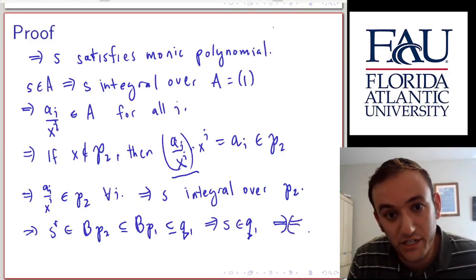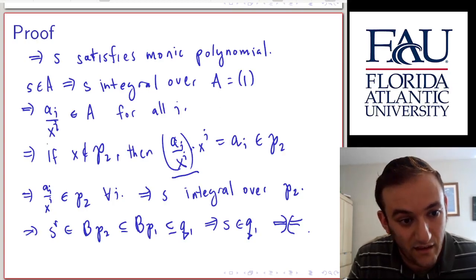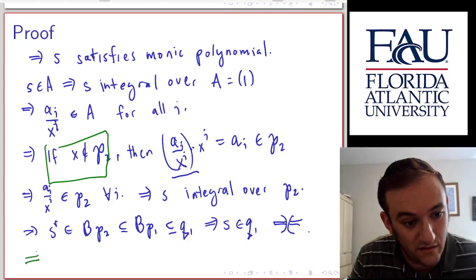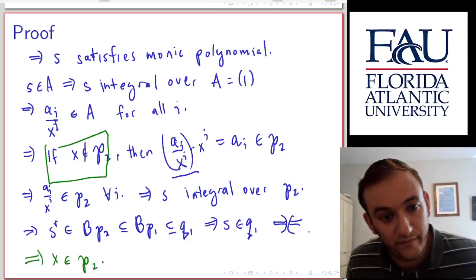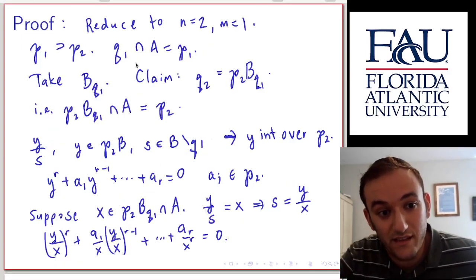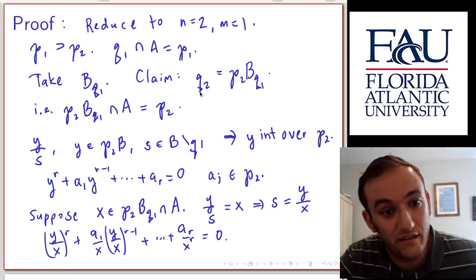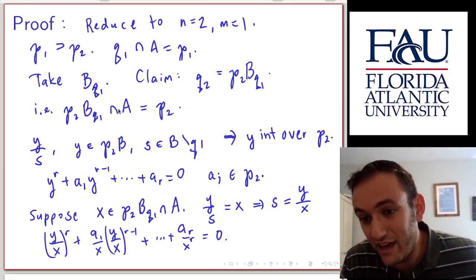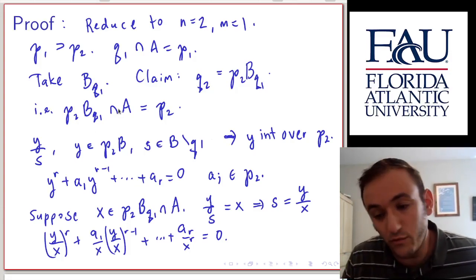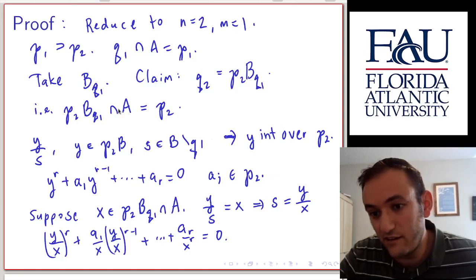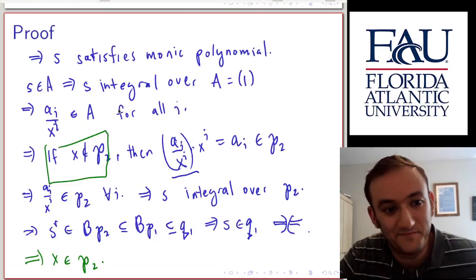Based on that contradiction, we conclude that the opposite of this is true. So indeed, x must be in P2. Okay, and that gives us the going down theorem, that this intersection of P2 BQ1 with A is in fact the prime ideal we're looking for, and so that prime ideal up top is valid.